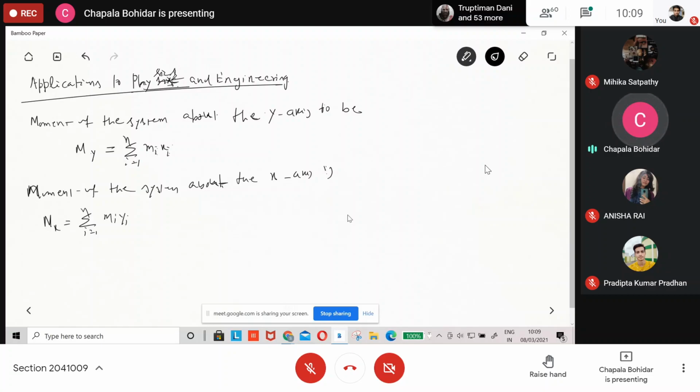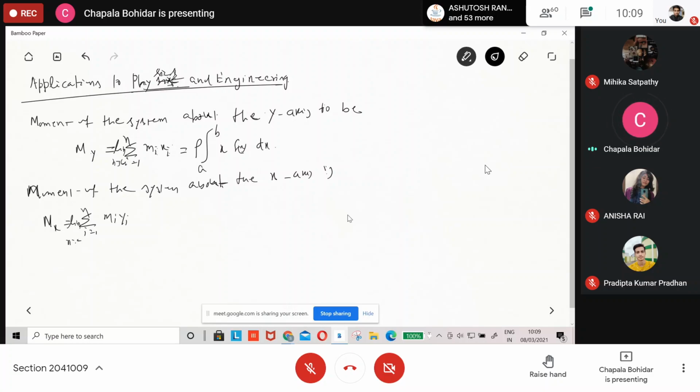If limit n tends to infinity, then the moment is integration a to b rho x f(x) dx.